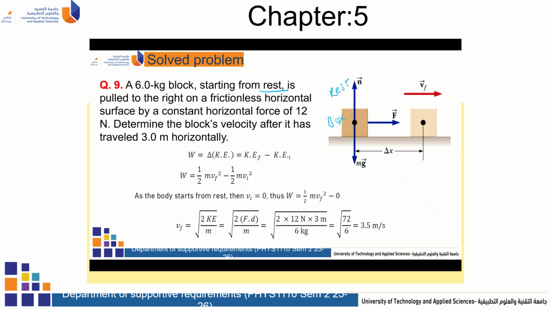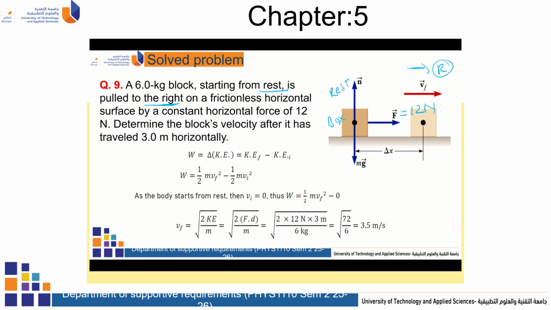A 6 kilogram box starting from rest is pulled to the right side on a frictionless horizontal surface by a constant force of 12 Newton. This is the force applied on the box, and the value given is 12 Newton.